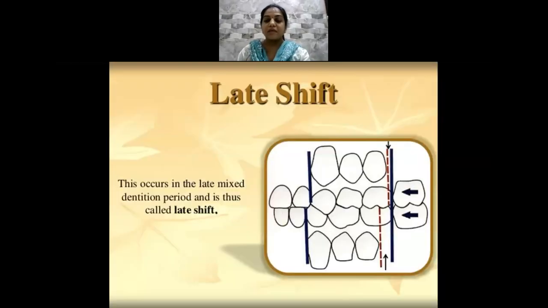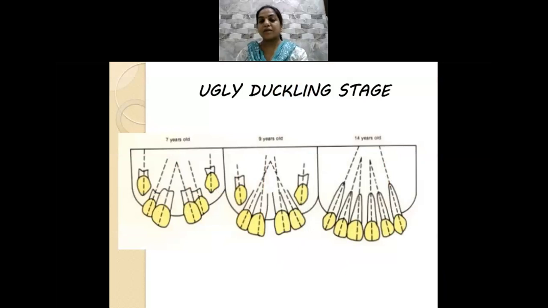There is one more significant change that happens in this second transition period, the ugly duckling stage. When the permanent canines are erupting in the maxillary jaw, they apply pressure over the roots of the maxillary lateral incisors and consecutively on the roots of the maxillary central incisors. Because of which there is distal migration of the crowns, and so there is a midline diastema.